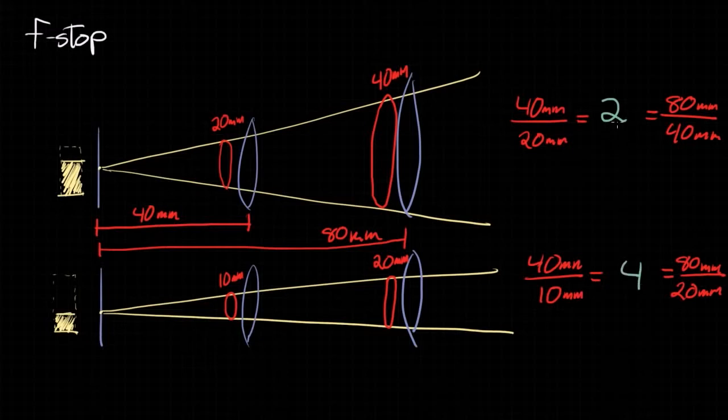These don't mean anything in terms of units, like millimeters or units of light or anything like that. All they really represent is the proportion of focal length and aperture diameter that will let in a certain amount of light. That's it. That's all it represents. But this is so important because it means that no matter what lens setup you're using, if the focal length and the diameter come out to this proportion, then you're going to be letting in this amount of light.